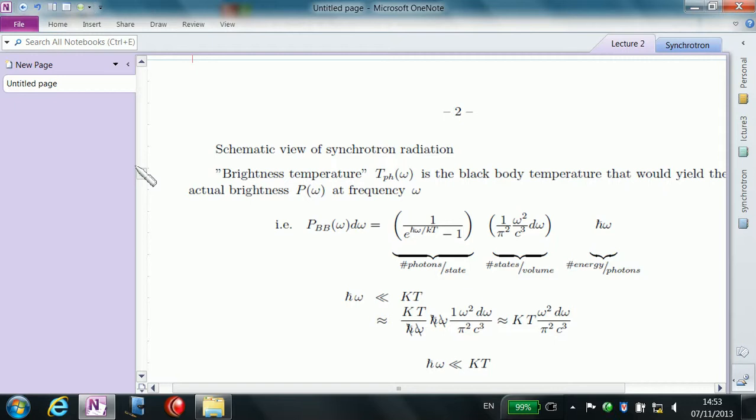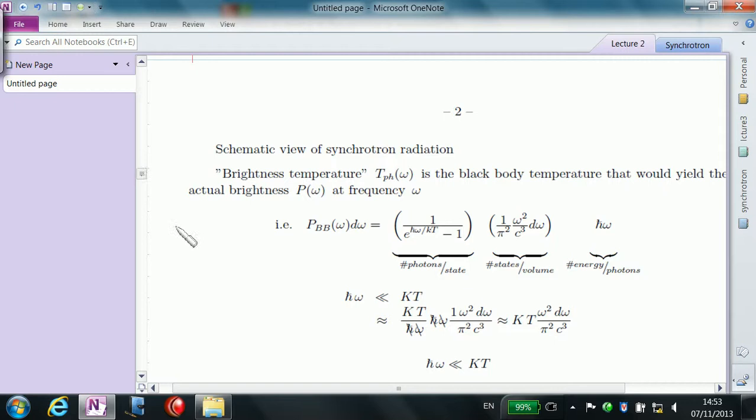So the definition of the kinetic temperature of electrons, when you're talking about emitting a given photon, is just the relative populations of the two states, before and after emission.